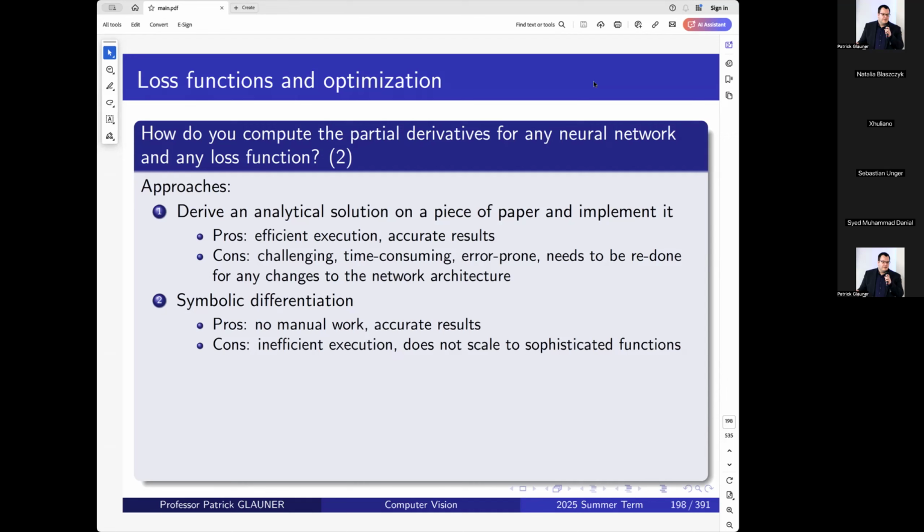But like Maple or Mathematica, you can use them, but it's very inefficient and it doesn't really scale to sophisticated neural networks if you use symbolic differentiation to find these analytical solutions of your partial derivatives. And you need the partial derivatives, and ideally they should be quite accurate. So doing symbolic differentiation or the analytical solution is great, but symbolic differentiation is too slow and doesn't really scale to very large neural networks.